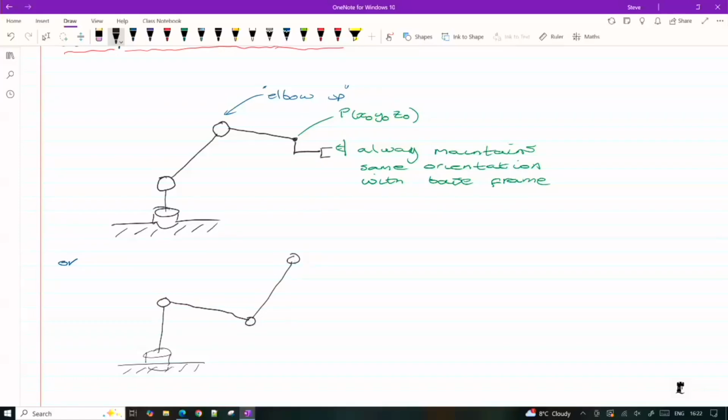Well, you could, in the analysis, do elbow down. There is a problem with that, though, as the Dobot won't fall into that position with elbow down. It will always work elbow up. So think about what you want to do. You can do both to give you the correct solution, but the Dobot only works with elbow up.